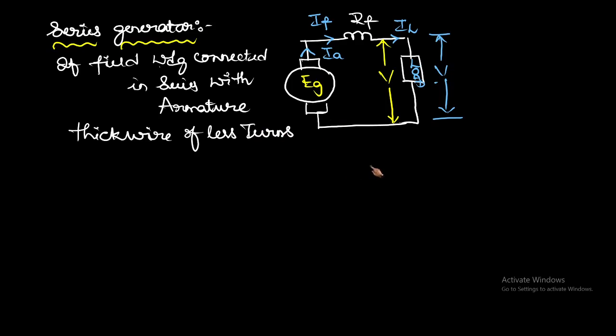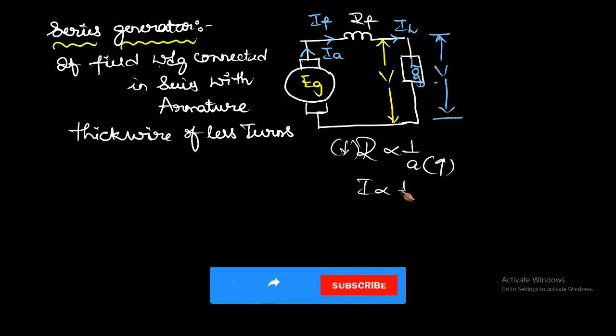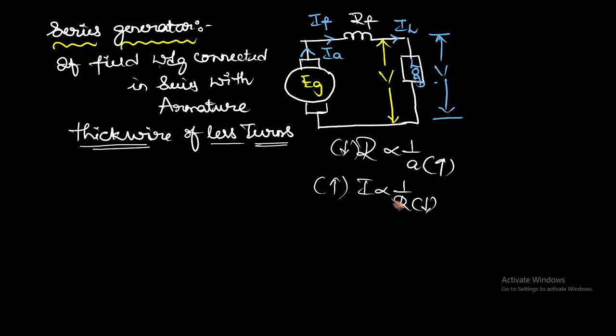Thick wire means area will be high, and resistance is inversely proportional to area of cross section, so the resistance will be less. So it can withstand high current. That is why we take thick wire of fewer turns, because it has to carry the load current also.